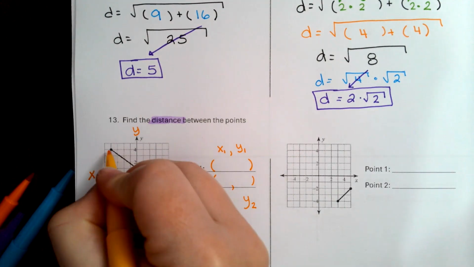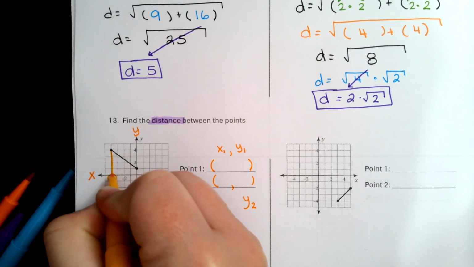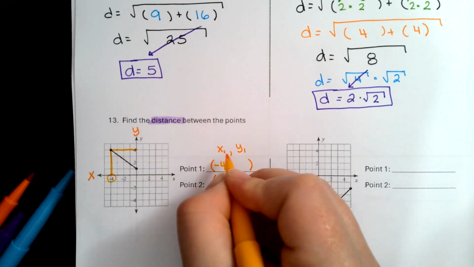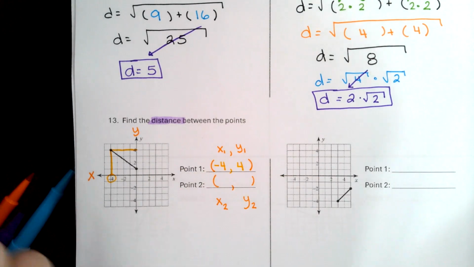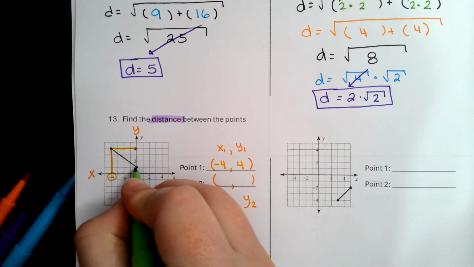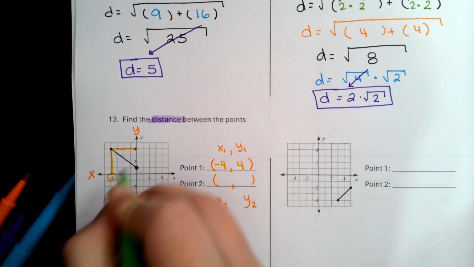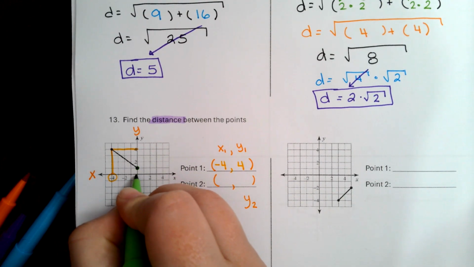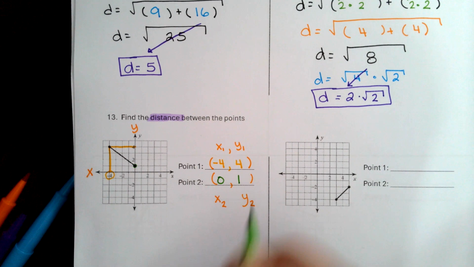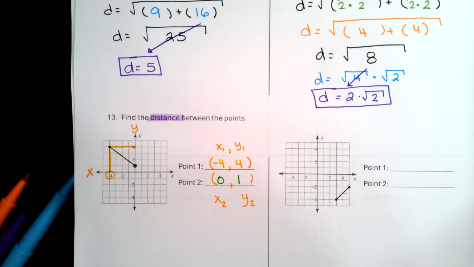So for point 1, I'm going to drag down so I get -4, and then I get +4 for my point. For my second point here, I get 1 on the y-axis. So we get on the x-axis 0, and then we get +1. So we get our 2 points.